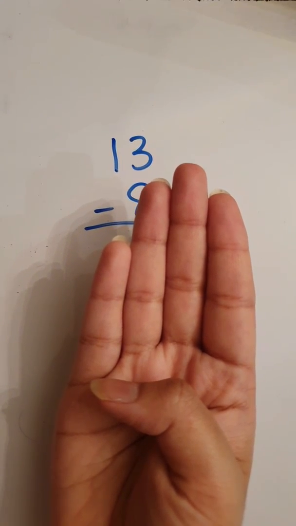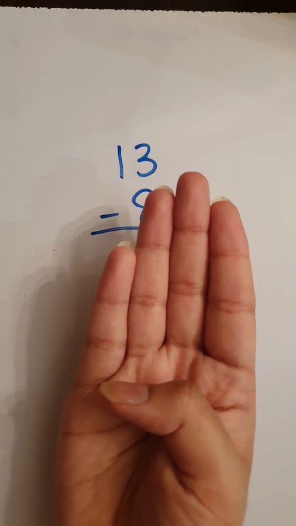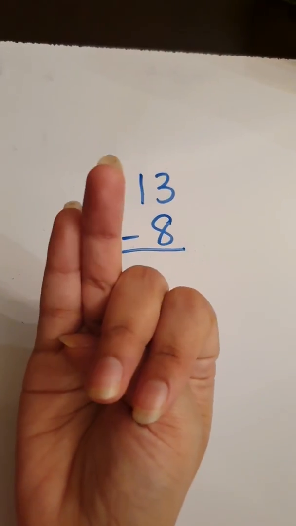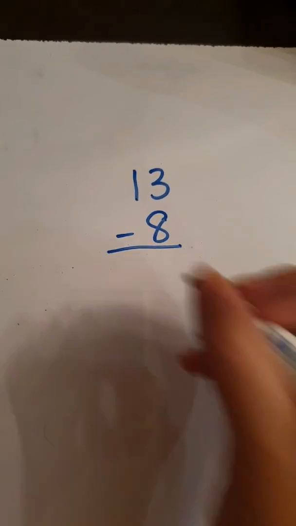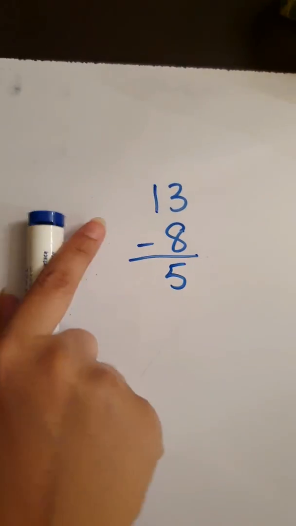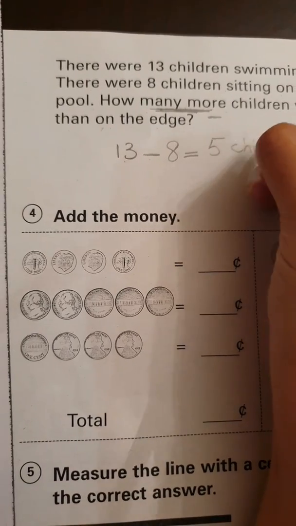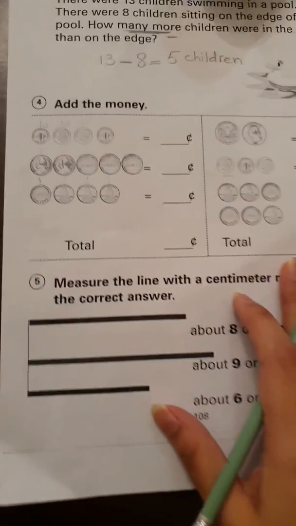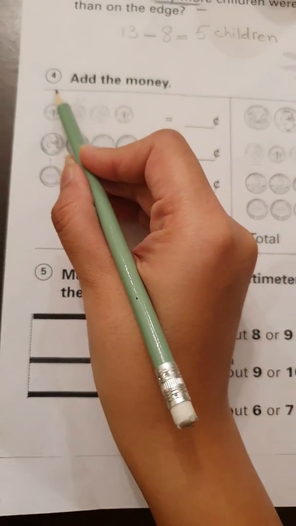Let's count backwards from 13. 13, then we have 12, 11, 10, 9, 8, 7, 6 and 5. So our final answer is 5. So our final answer is 5 children. There we go, guys.